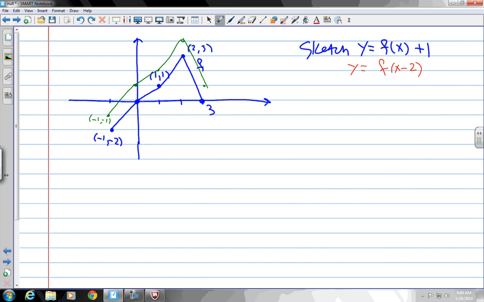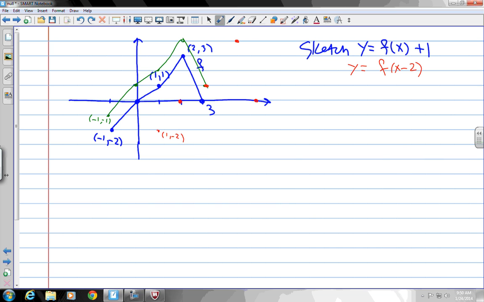So -1 becomes +1, right? 0 becomes 2. 1 becomes 3, right? 2 becomes 4. And 3 becomes 5. Kind of lost count there, not drawn to scale.